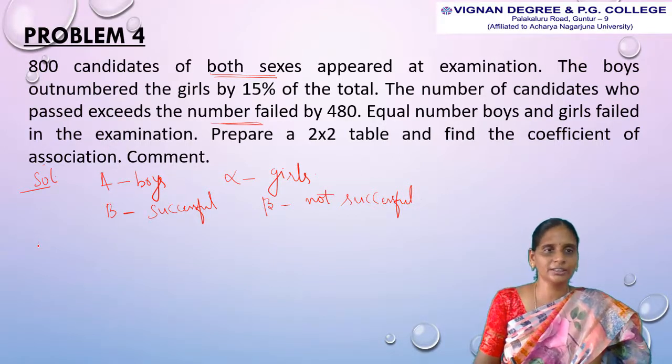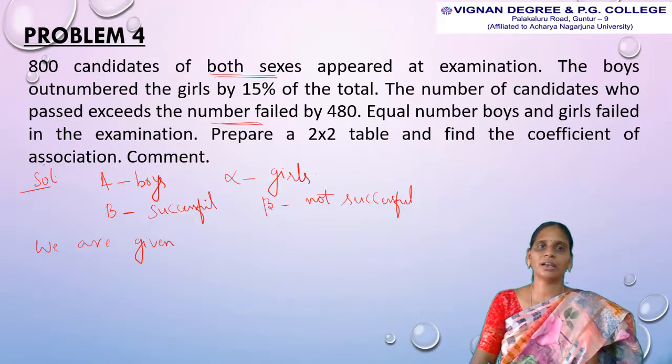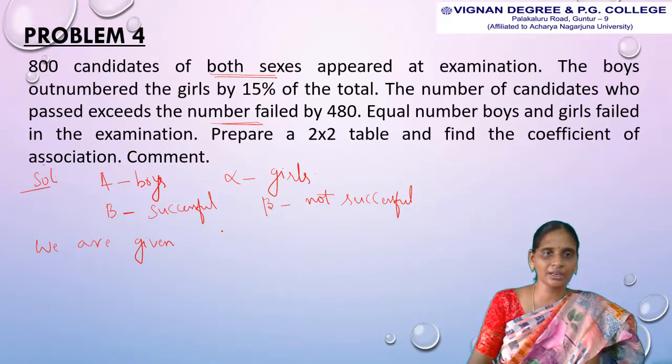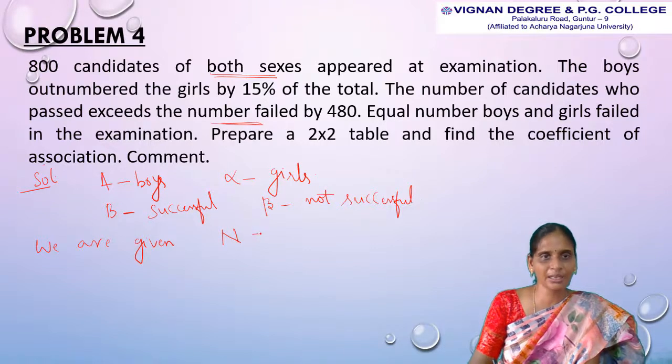Now we are given that 800 candidates of both sexes appeared at the examination. So 800 can be denoted by the class frequency capital N, that is, N is equal to 800.